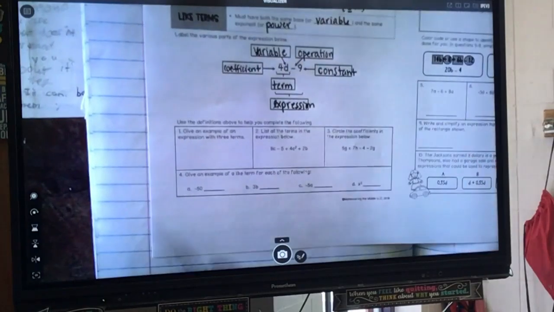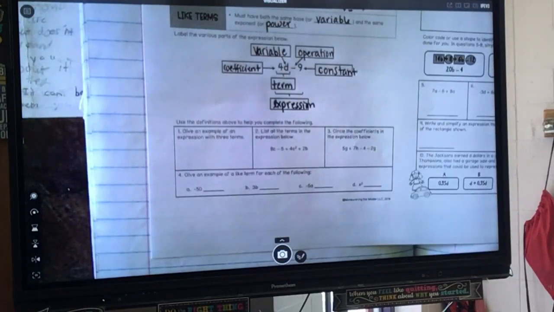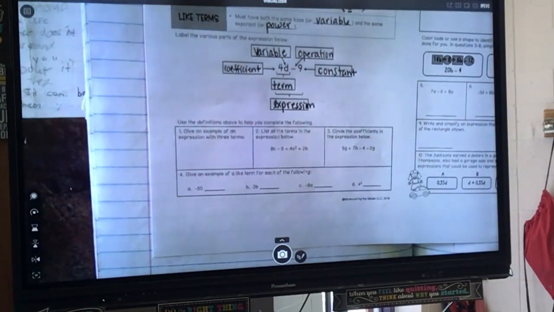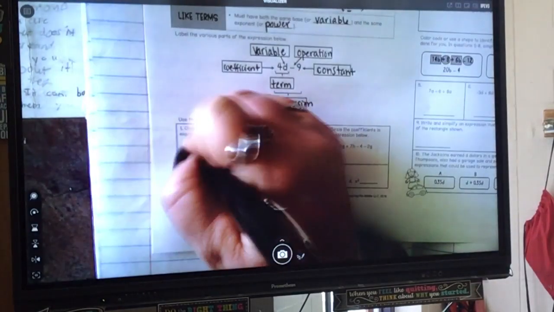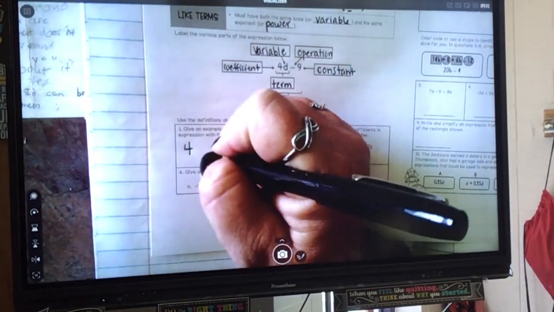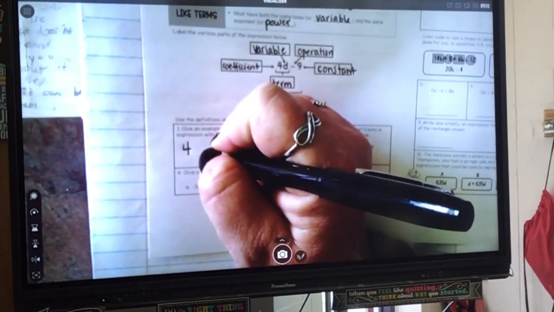Alright, so these three boxes, it says use the definitions above to help you complete the following. So for number one, it says give an example of an expression with three terms. Okay, so someone just give me an example of an expression with three terms. Joseph. I'm gonna say 4N, N as in Nancy.